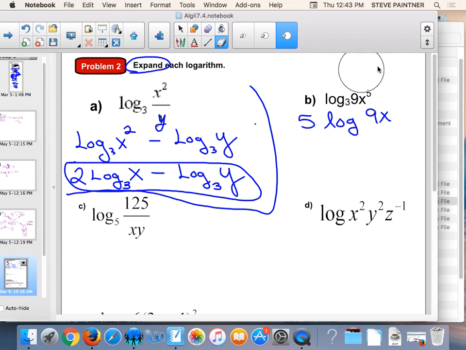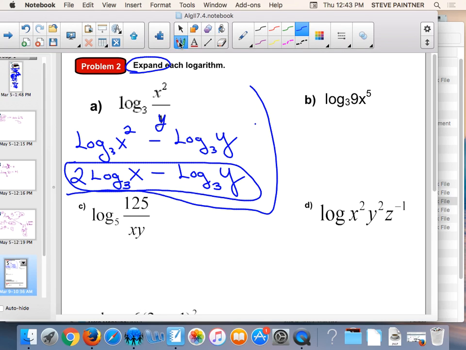So you probably want to do what? What do you want to do first? Split it. But how do we split it? Is it log plus or minus? Plus, because it's multiplication, right?